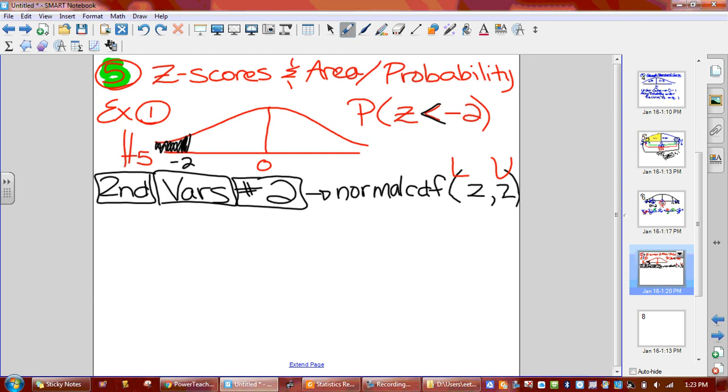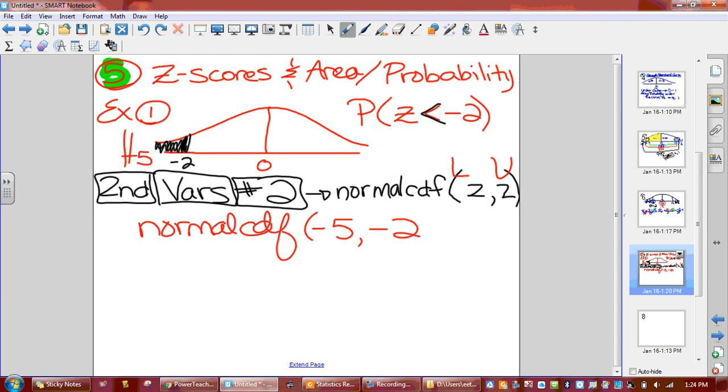So we're going to do normal CDF, and we're going to have -5, comma, -2. And that's going to give us the information we need. And remember, we only want the decimal to 4 decimal places. So everybody with your calculators, get them out. You need some practice on those. Second bar is number 2.